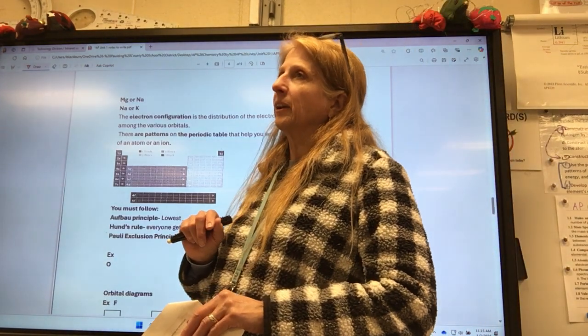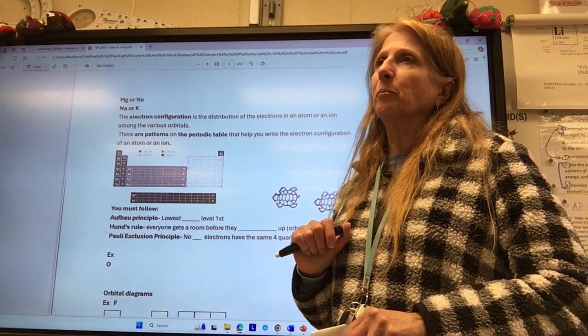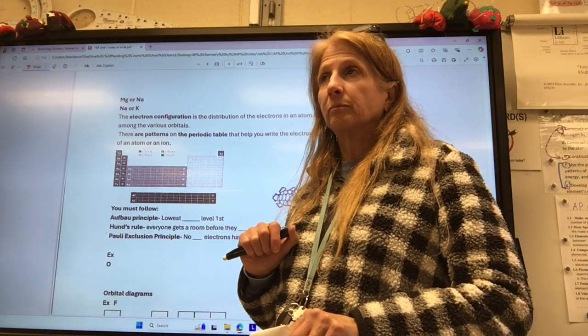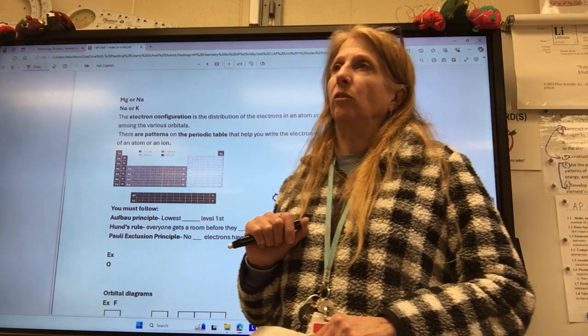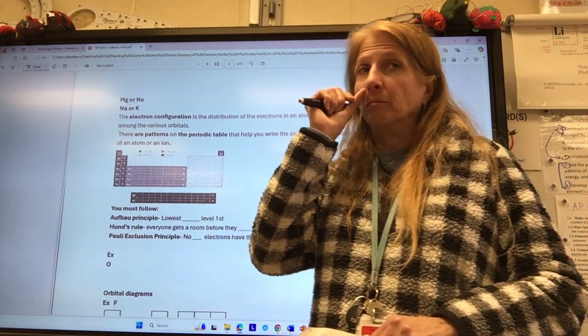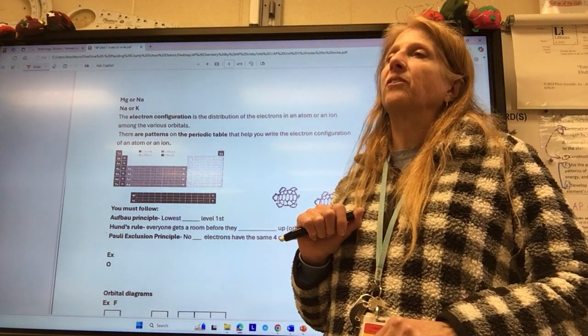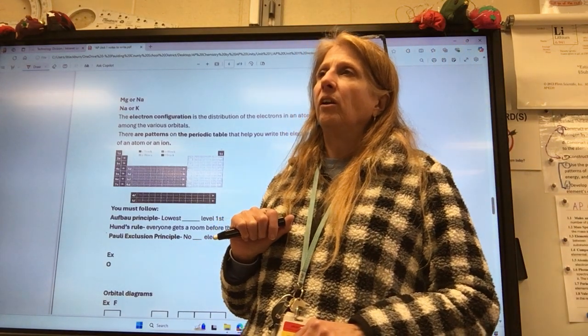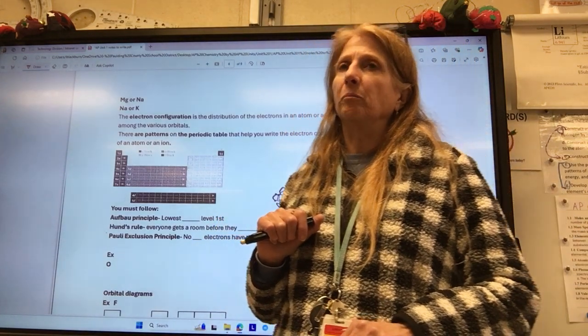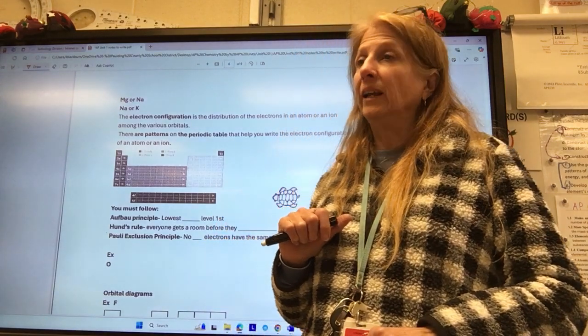Okay, so look at them. Magnesium and sodium are on the same level. Which one is bigger, sodium or magnesium? Magnesium. So which one has more charge, magnesium or sodium? Magnesium.